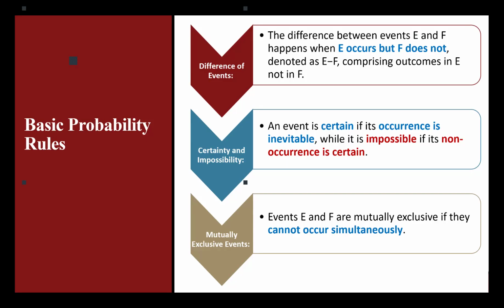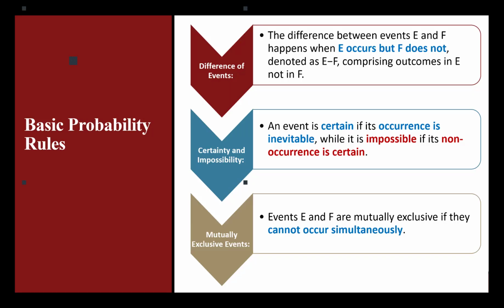So E minus F is the outcomes or elements in E without the elements in F. Now, if they are mutually exclusive, they don't share any element, but in general we cannot assume mutual exclusivity. So from a mathematical perspective, E minus F is going to be E minus the intersection of F and E complement. Are we good?